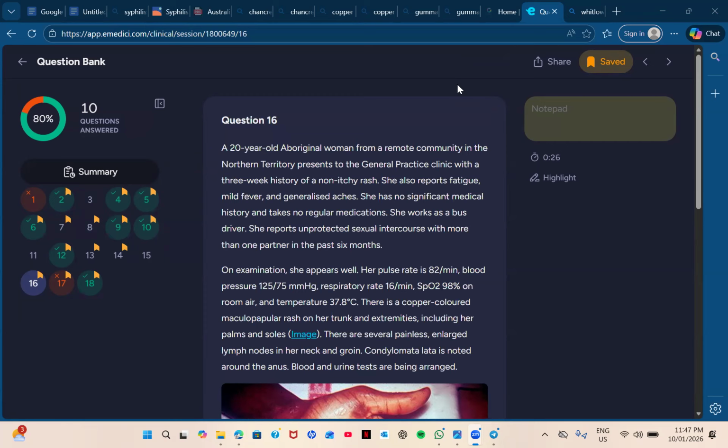You should know all the stages and the treatment, and what to do if the patient has hypersensitivity to penicillin. You should know how to trace partners and how far back we should trace them. You should remember everything, okay?